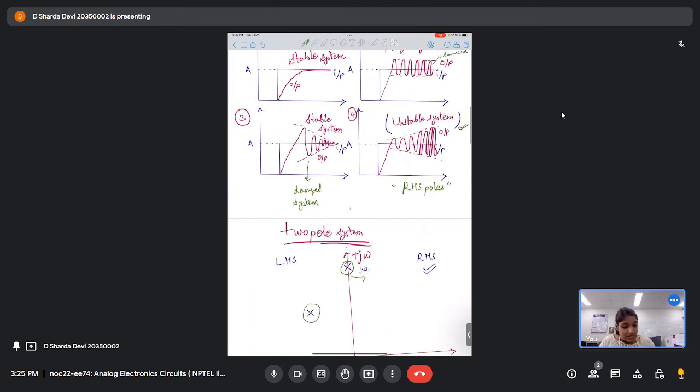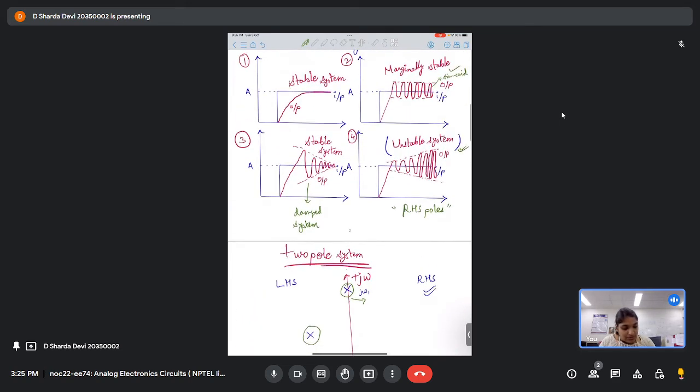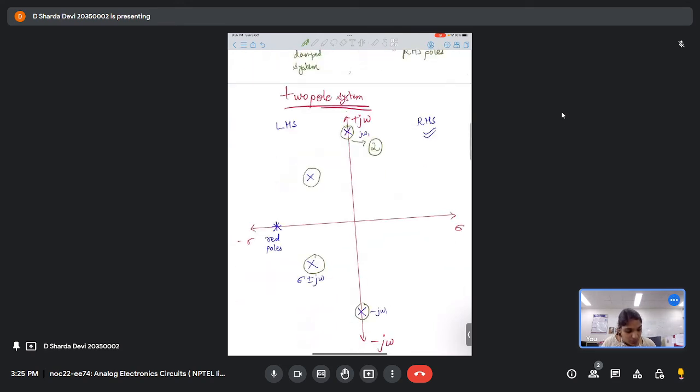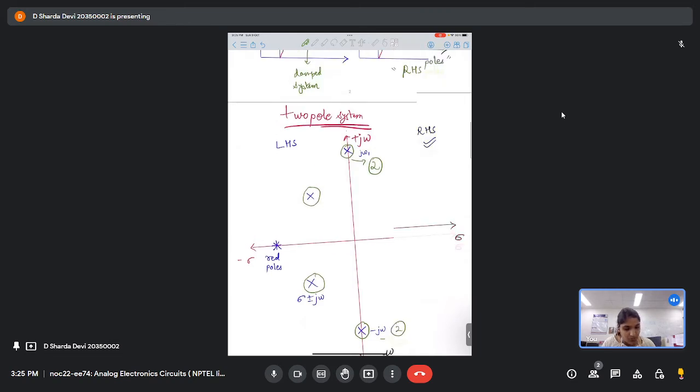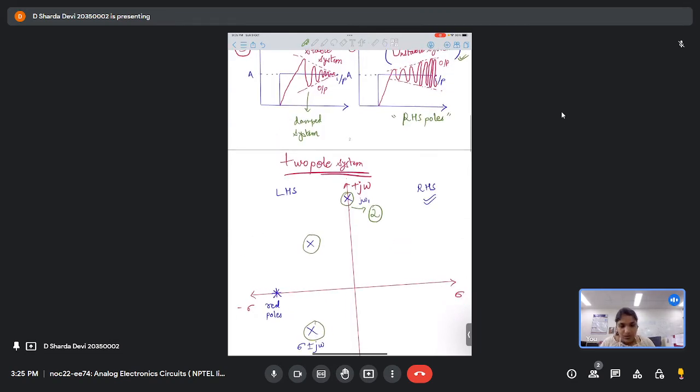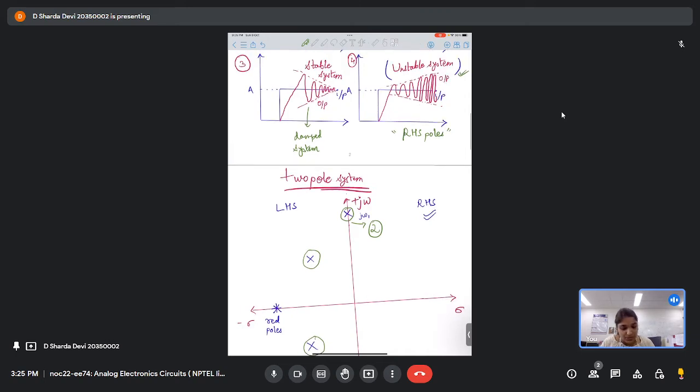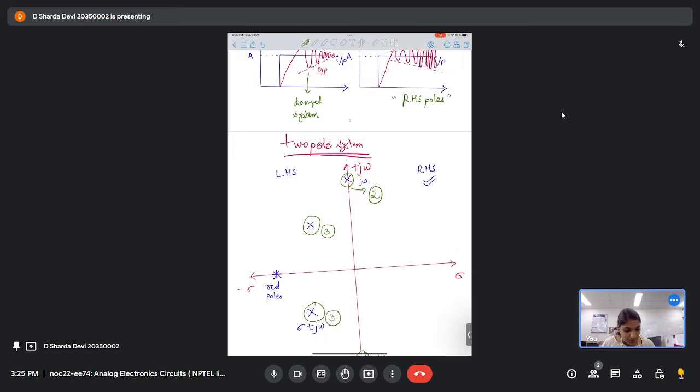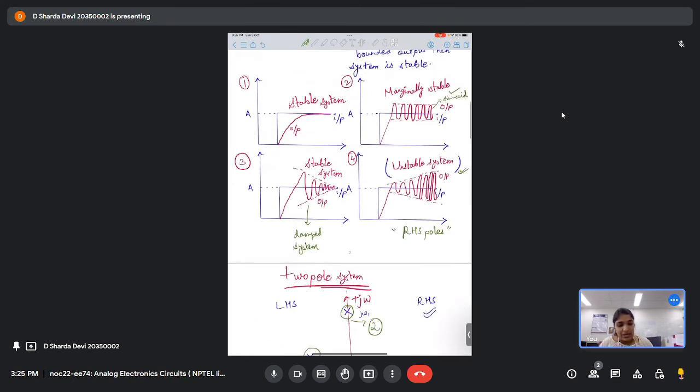Yes. So this marginally stable system corresponds to system 2, whereas these complex conjugate poles correspond to system 3. And lastly, we have a highly damped system, which is the most stable system.